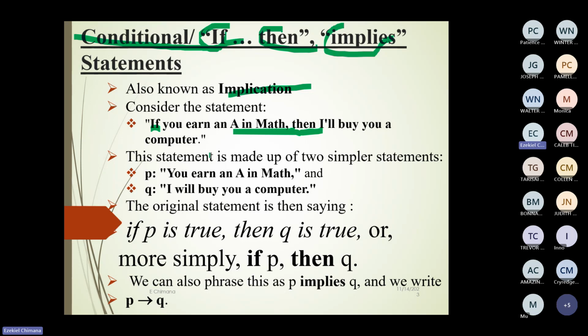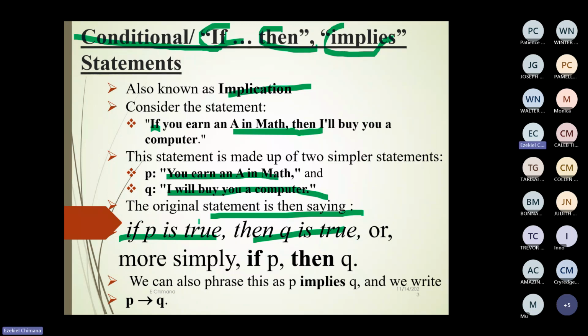So this statement is made up of two simpler statements, P, which is you earn an A in math, and Q, I will buy you a computer. So the original statement is then saying, if P is true, then Q is true.